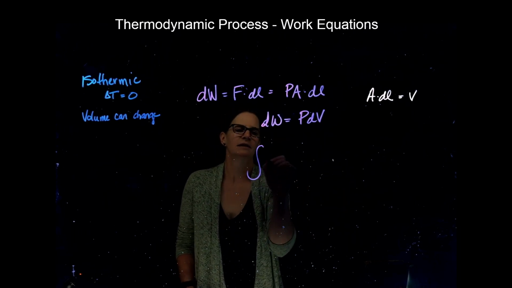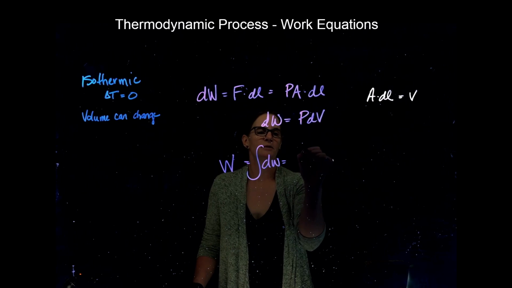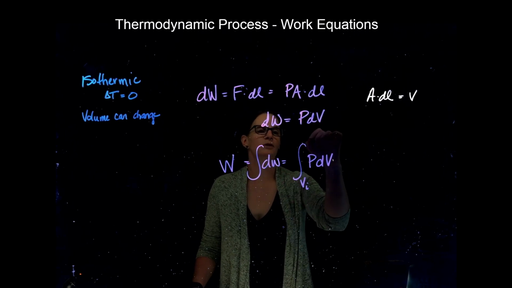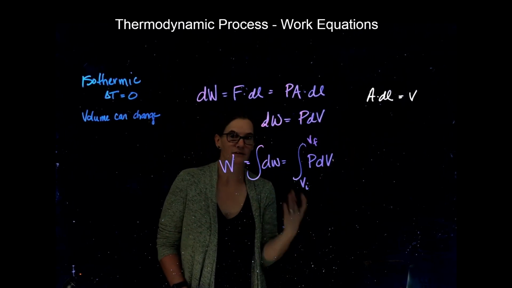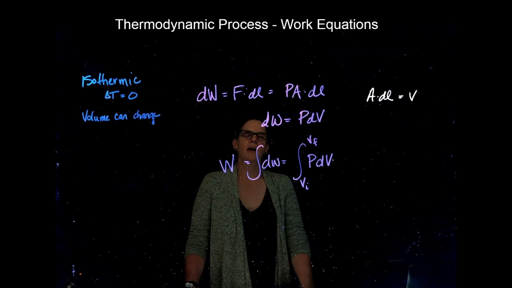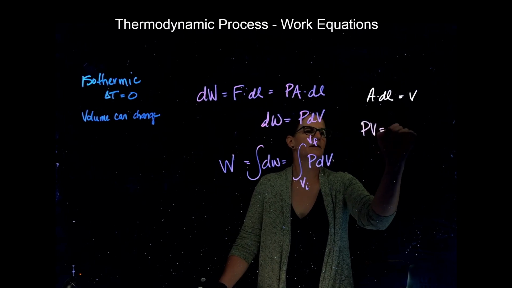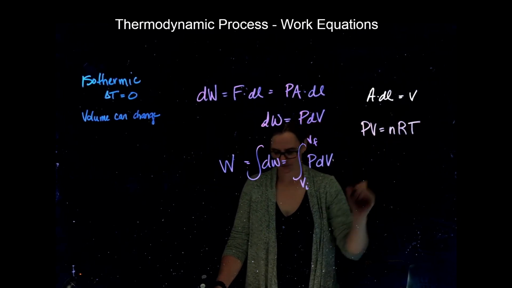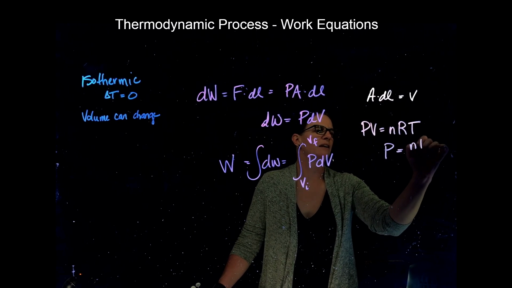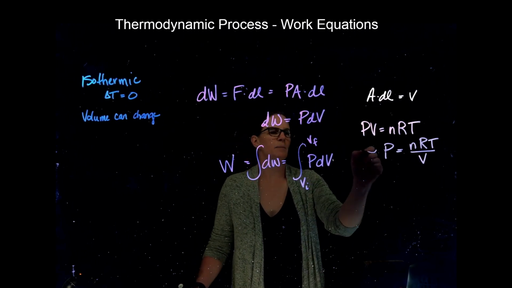So the integral of dW, of course, is equal to the work, which is equal to the integral of P dV from my initial volume to my final volume, or from volume A to volume B. Now, the other thing we want to keep in mind is that when we're dealing with an ideal gas, we know that PV equals nRT, and so P is equal to nRT over V. I'm just solving for P. So let's pop that in here.